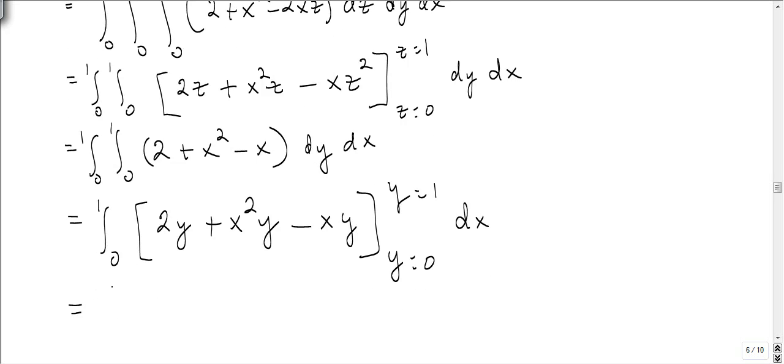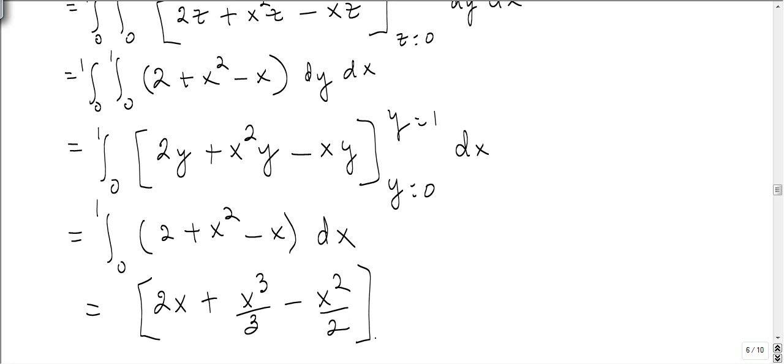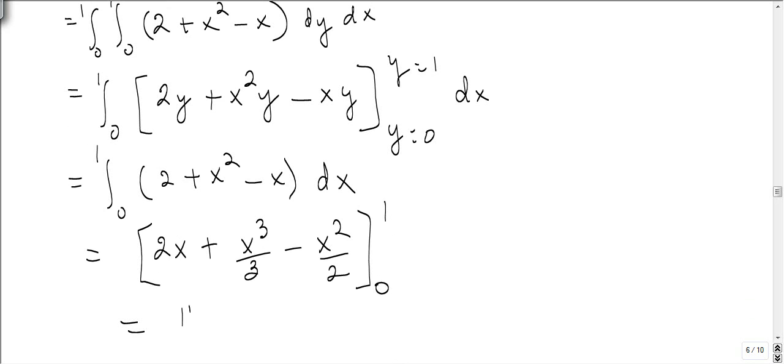That's all we need. 2 plus x squared minus x again, which is not surprising. dx. Final integration. 2x plus x cubed over 3 minus x squared over 2, from 0 to 1. And when you put 1, you get 11 over 6.